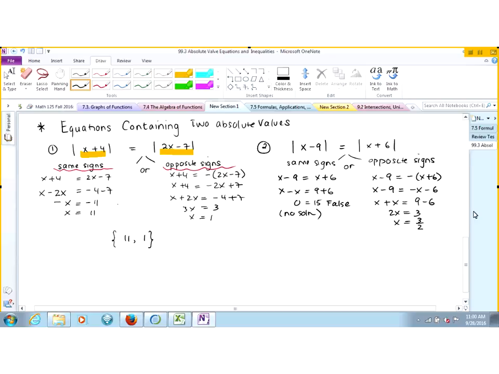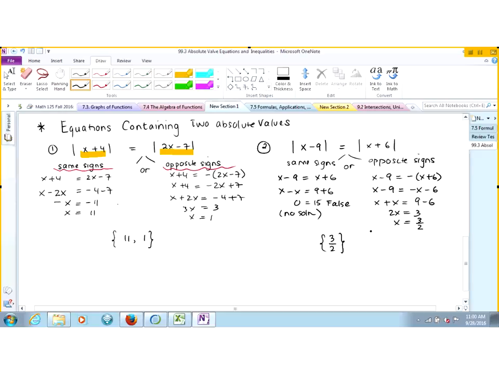Do you guys follow or are you just copying? Okay, good. So how many solutions in this case? 1, which is 3 over 2. Now this is equations containing two absolute values. Good.